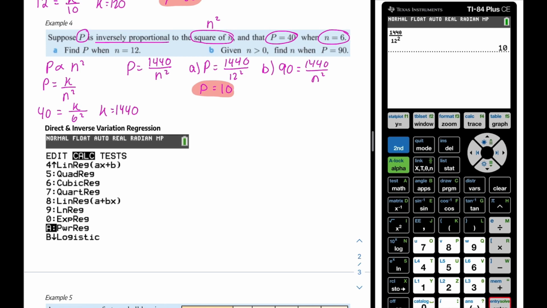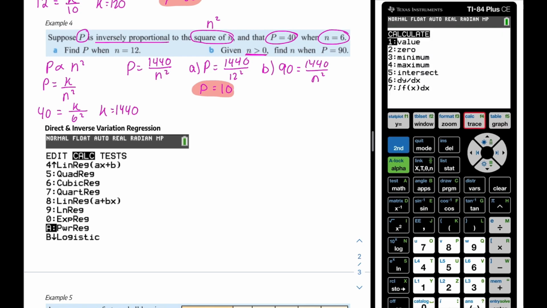So we're going to do a graph in order to find the 2 intersection points. So 90 is going to be one of the functions, and the other function is going to be the inverse function, which is going to be 1,440 over x squared. I'm going to go ahead and graph this. And in fact, I do see 2 points of intersection, and I'm only interested in n being bigger than 0.